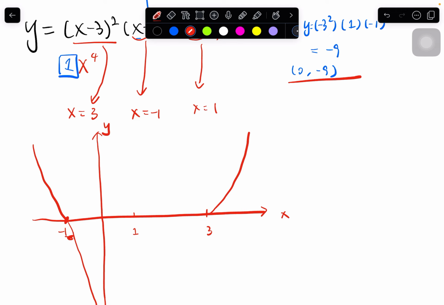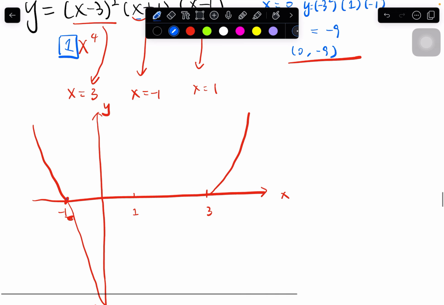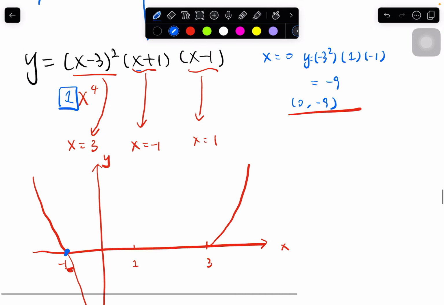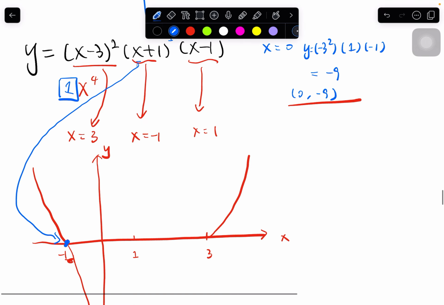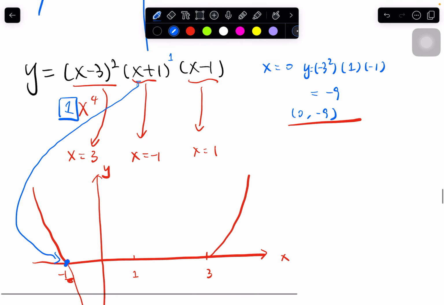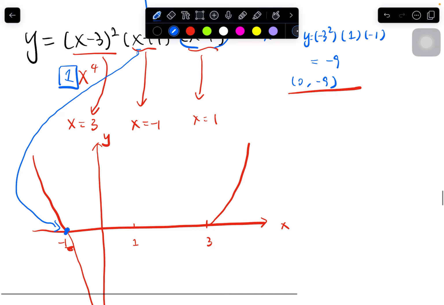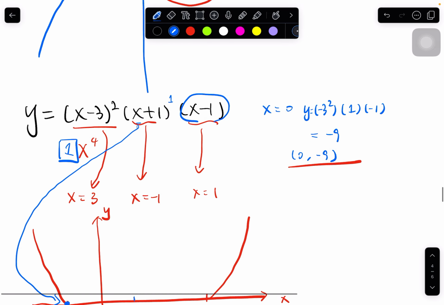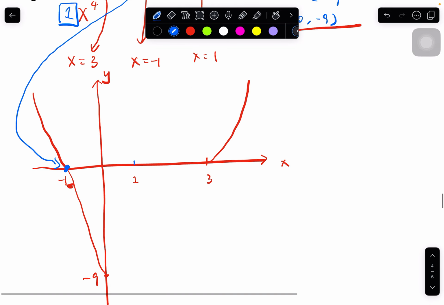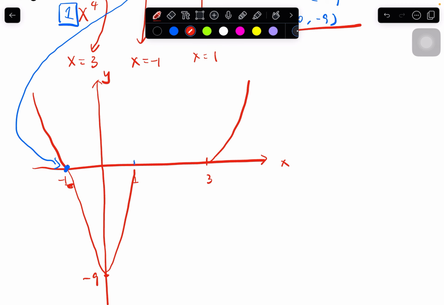About this interception, this term contributes to this one, and the k is 1, so we're going to pass through it. And then about this one, we're also going to pass through it. So let's say the function looks like this.